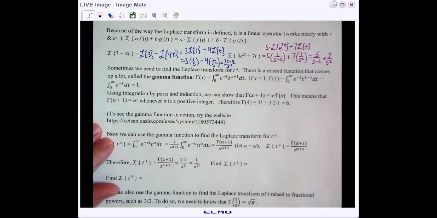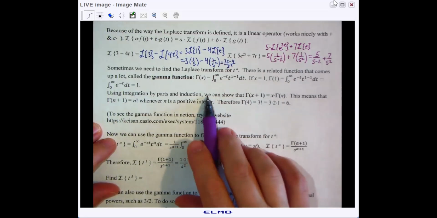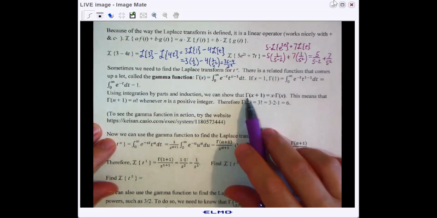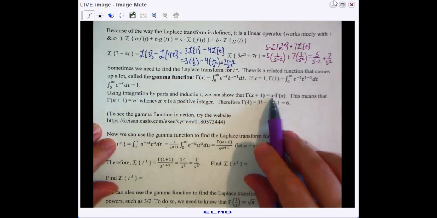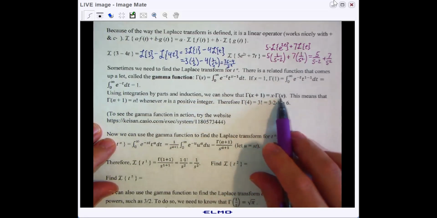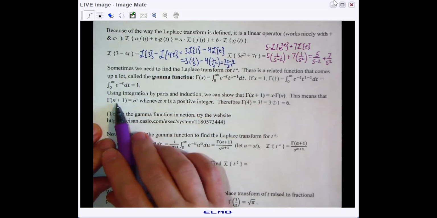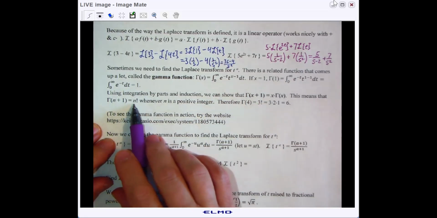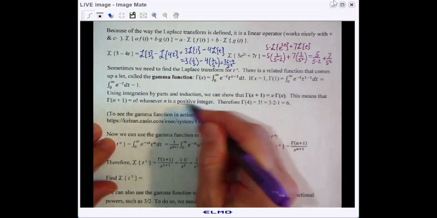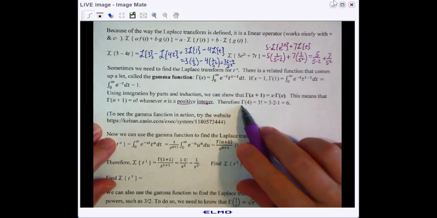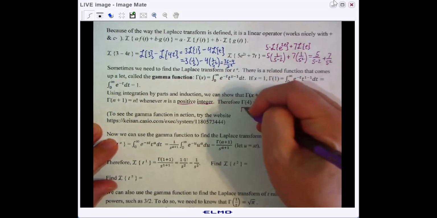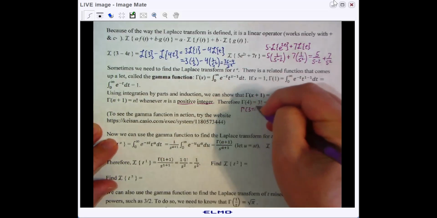Now, if we use some integration by parts and some induction, we can show the fact that the gamma function of x plus 1 is x times the gamma function of x. So what does that mean? It means that the gamma function of n plus 1 is n factorial whenever n is a positive integer. Okay, so for example, if we're talking about gamma of 4, that's gamma of 3 plus 1.